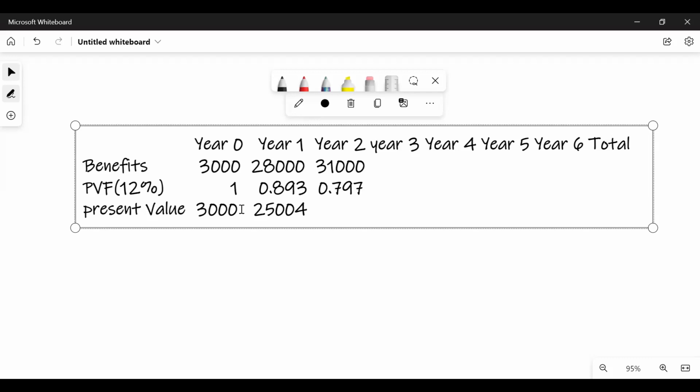So that means to get $1 from 2 years time, the value you have to have right now is 0.797. $1 after 2 years will be worth 0.797 today. So when you multiply this with 31,000, you are getting 24,707, right?